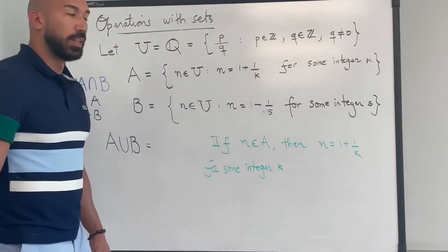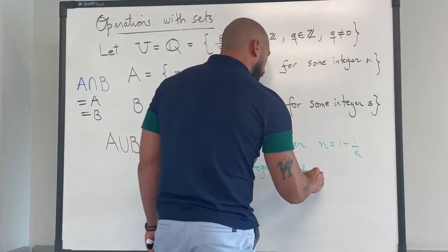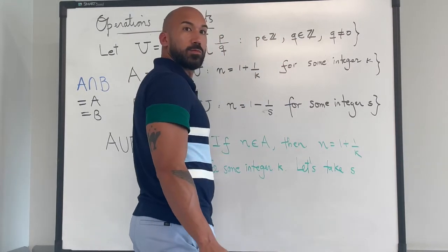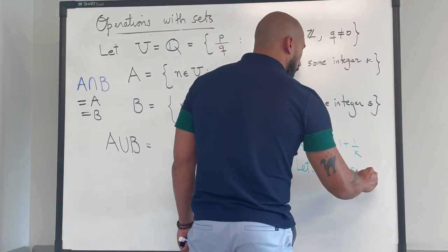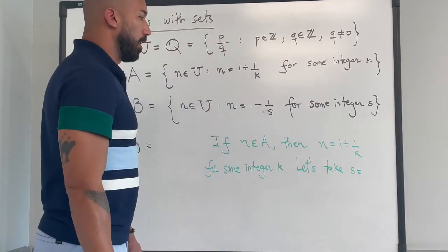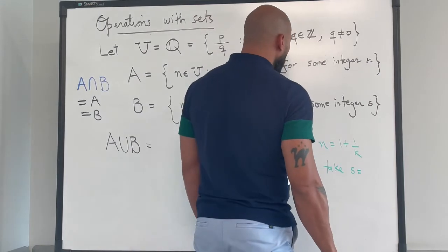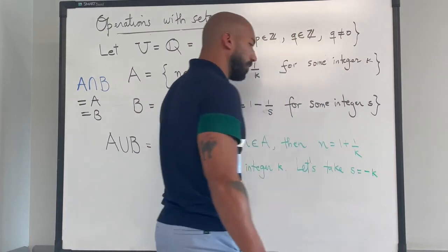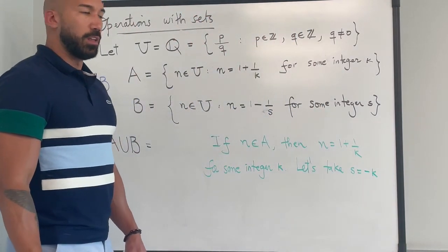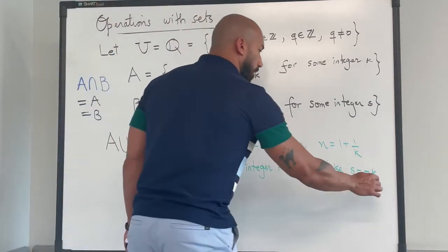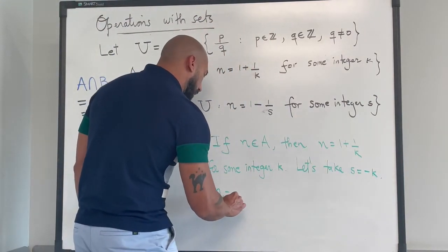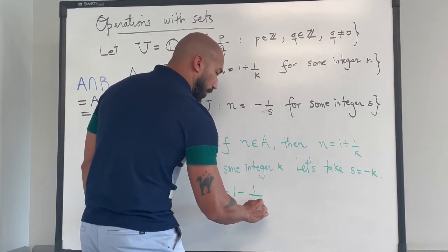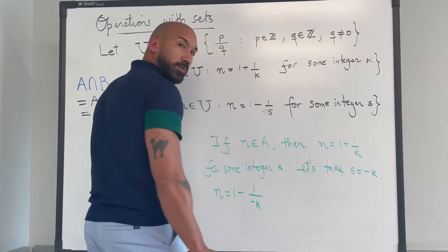Let's take now s equal to minus k. If s is equal to minus k, n is equal to 1 minus 1 over minus k. Yes or no?